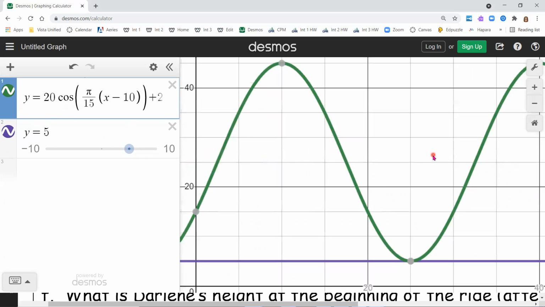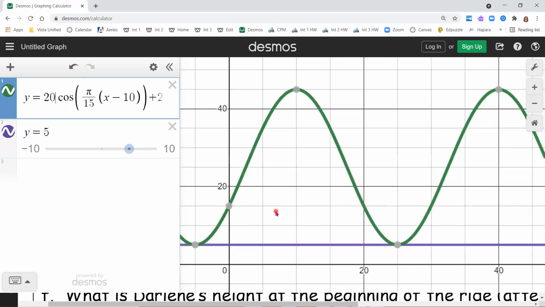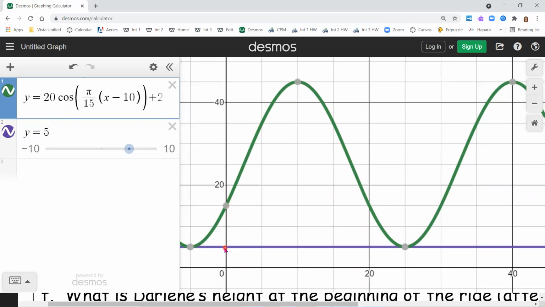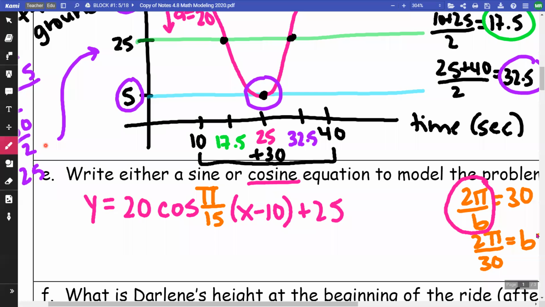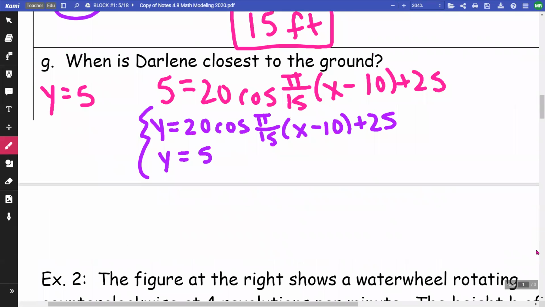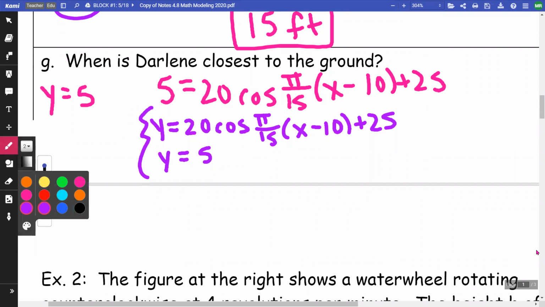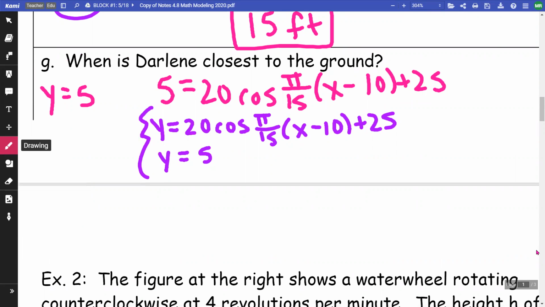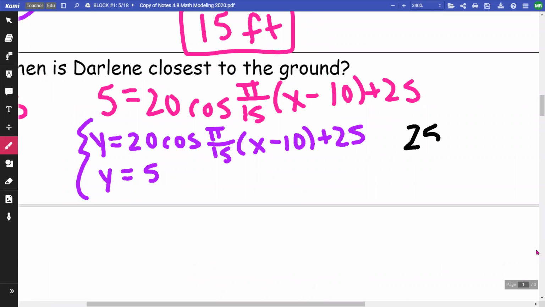I'm like, wait, this is not the right graph. And then again, you can see, okay, this one did not hit the height of 5 until, and then click right here and you can see 25. That's a little easier math, but you want to know how to do it on the graphing calculator also. Okay. So again, my answer to this was 25 seconds. That was our answer.